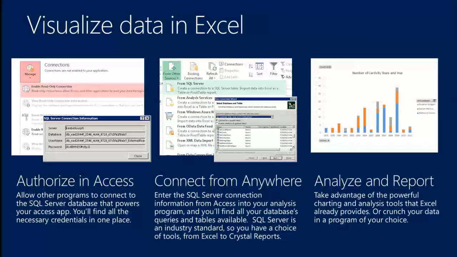If you don't want people messing with the data, you can hand them that connection information, and they can use that to make their own pivot charts or whatever you'd like, or connect it with another Access client desktop database, but you don't want them changing the data. You can connect that from anywhere. The example we used here, everybody uses Excel, and you can use that connection information to pivot on that. You can make nice charts, or if you just want to catalog the items that you have.